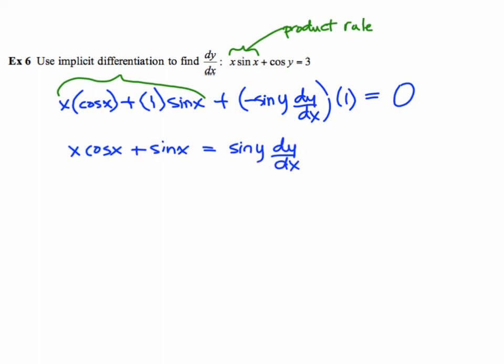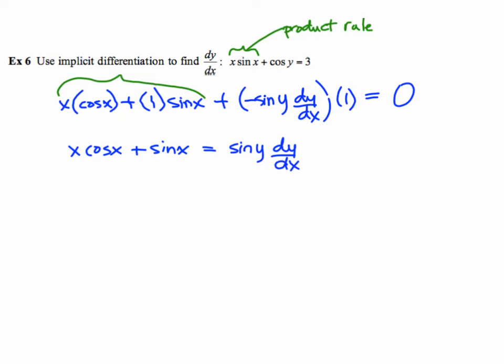So my next step, I'm tidying this up a bit. x cosine x plus sine x, and since I had negative sine y dy dx, I transferred that over to the right hand side of the equation, making it positive. So now my question is asking me to solve for dy dx. So the opposite of multiply is divide.